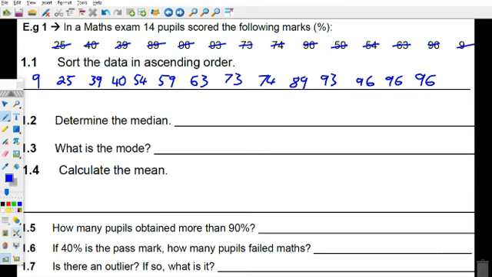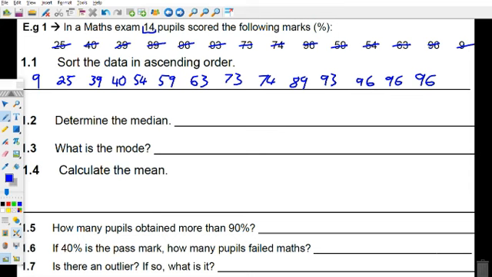What's the middle of 14? 7, but 7 and 8 is actually the middle of 14, because there's 14 things. The middle number will be between the 7th and 8th pupil.